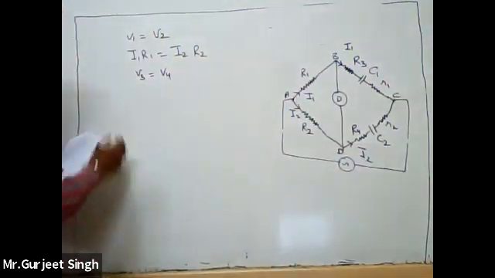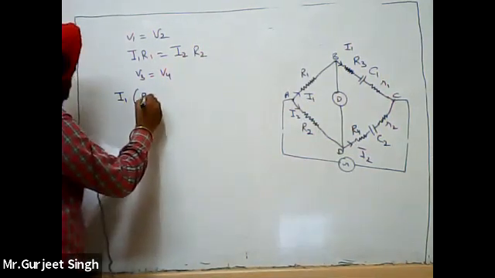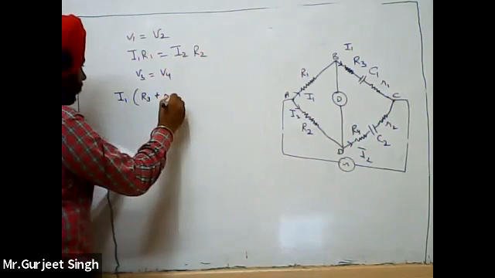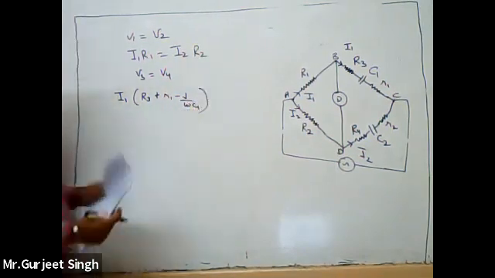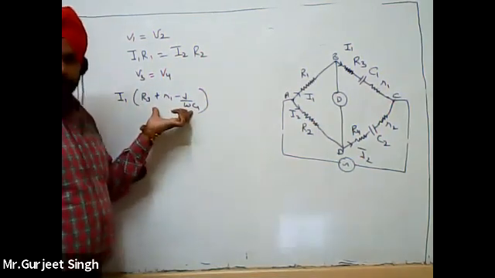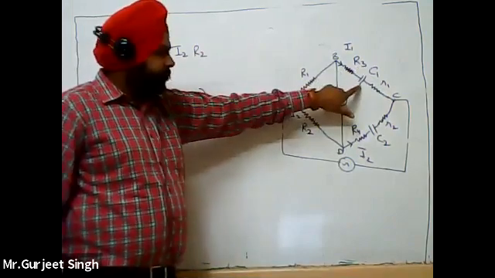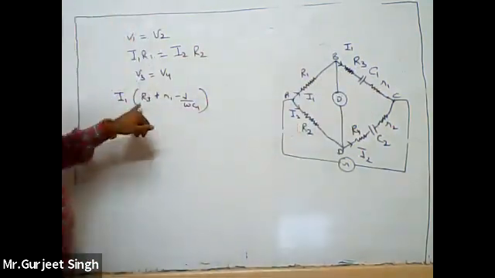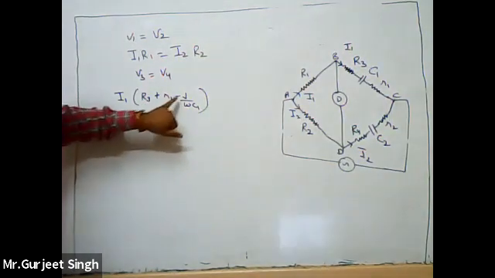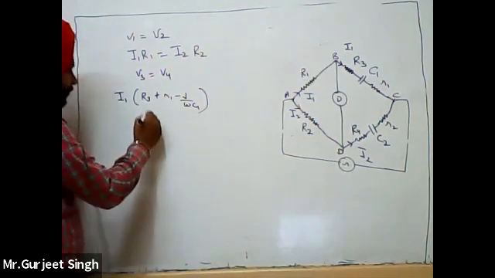So V3 is equal to I1 times (R3 plus R1 minus j over omega C1). How do I write this equation? The R3 resistance, the capacitor and R1 are in series.